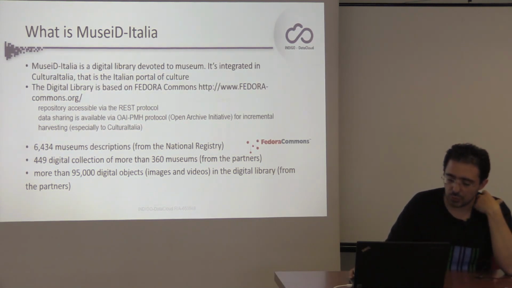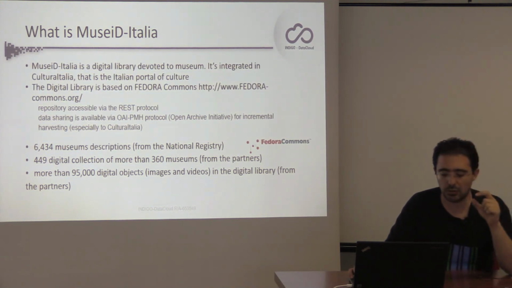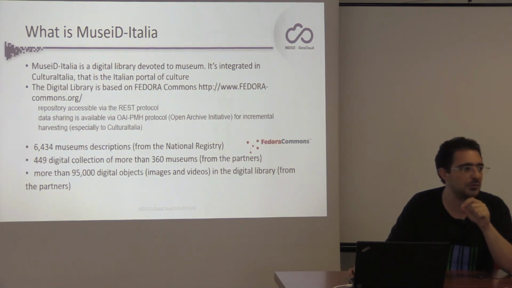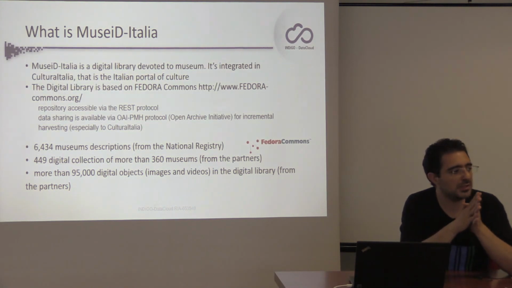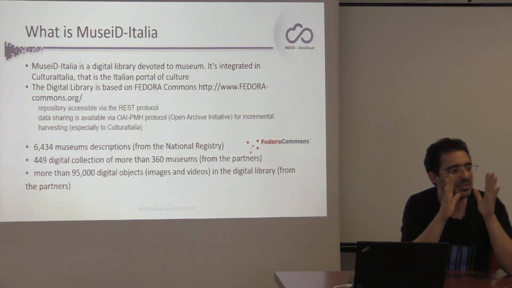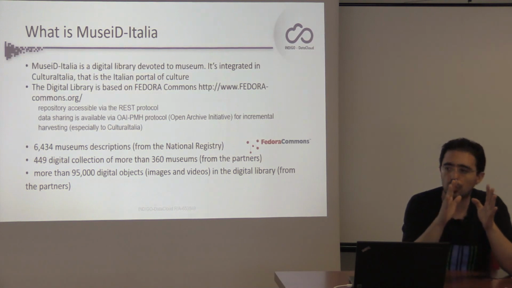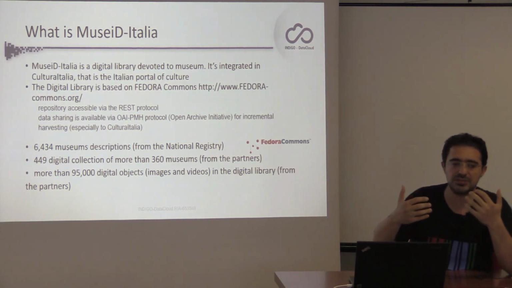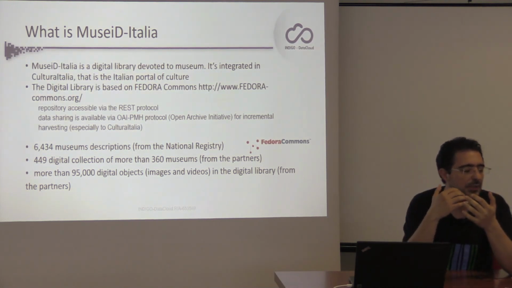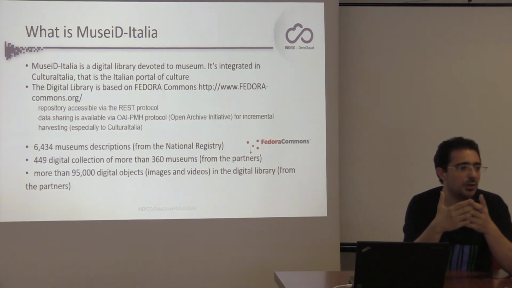We host more than 400 digital collections made up of more than 95,000 digital objects. Some were digitized especially for Musei d'Italia, while others were previously digitized for other reasons, and we just gathered them.